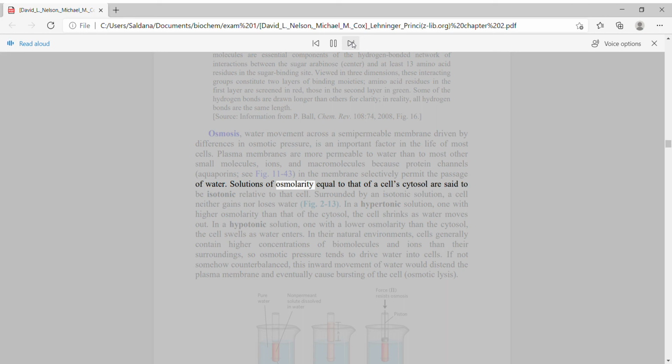Solutions of osmolarity equal to that of a cell's cytosol are said to be isotonic relative to that cell. Surrounded by an isotonic solution, a cell neither gains nor loses water, Fig. 2-13. In a hypertonic solution, one with higher osmolarity than that of the cytosol, the cell shrinks as water moves out.